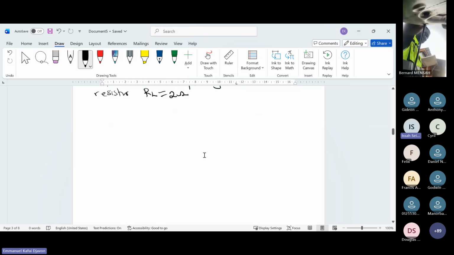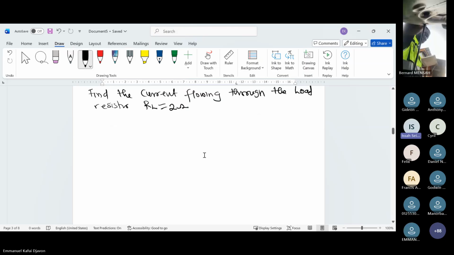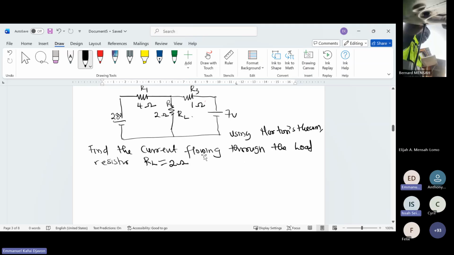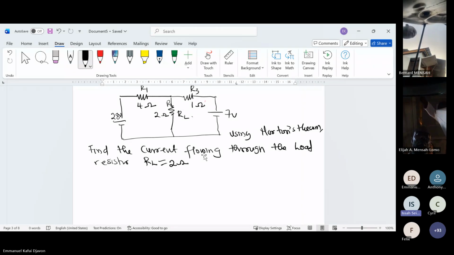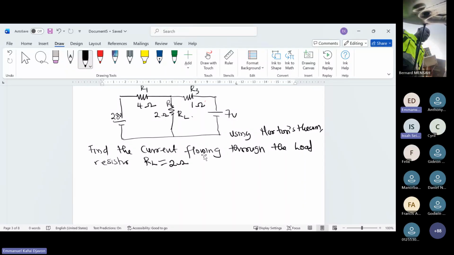Okay. Let's look at it. Now, looking at the circuit we have, first of all, take away the load resistor.